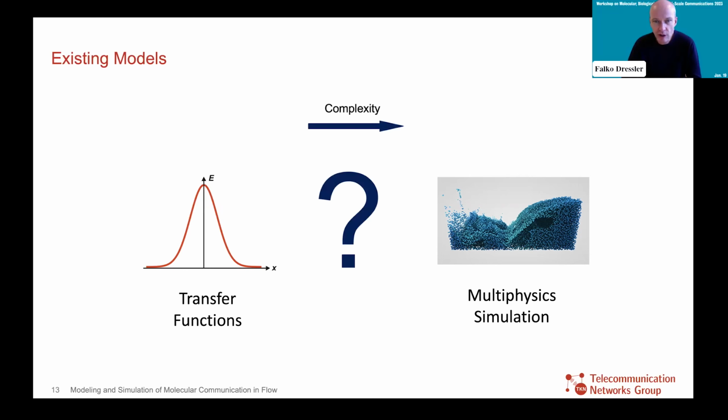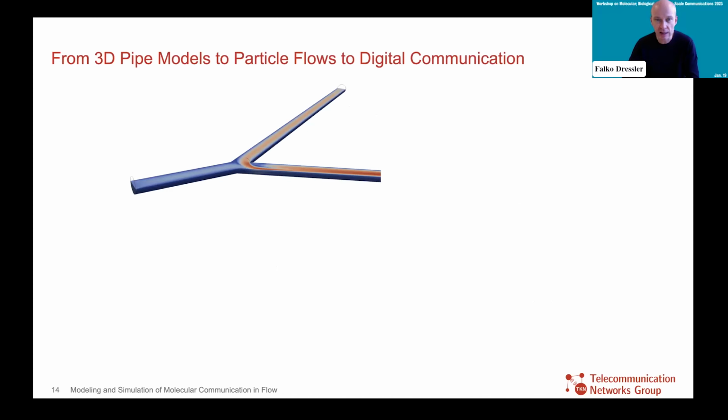So we tried to find some sweet spot in between, not getting too complex, but still being able to model the effects rather accurately, so that we can study microscopic effects of molecular communications on a large scale.